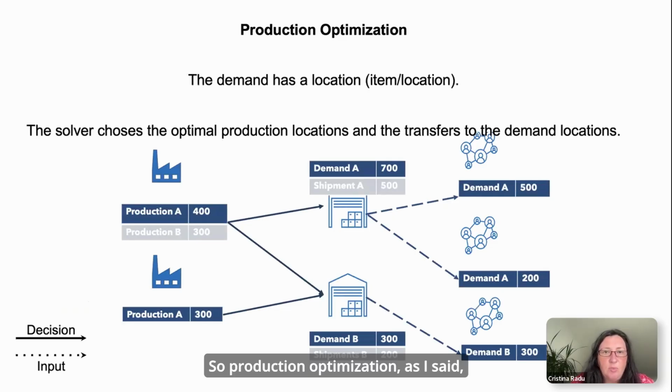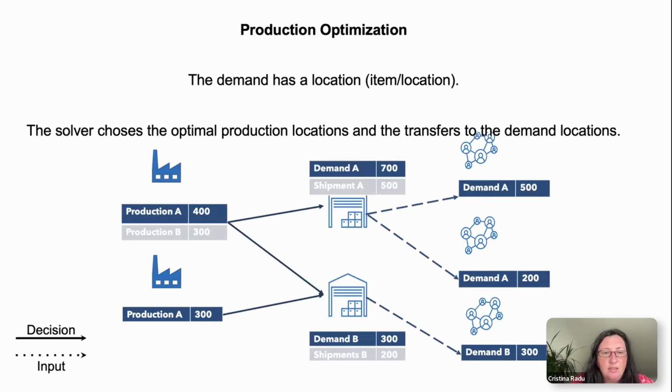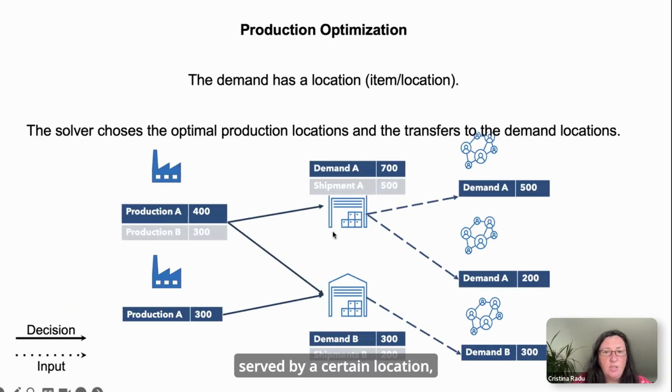So production optimization, as I said, this focuses on the decision of producing. So what happens is that you do have the customers, but the customers are served by a certain location, a certain distribution center, and you know that. So this is an input. You have the links between distribution center and customers.